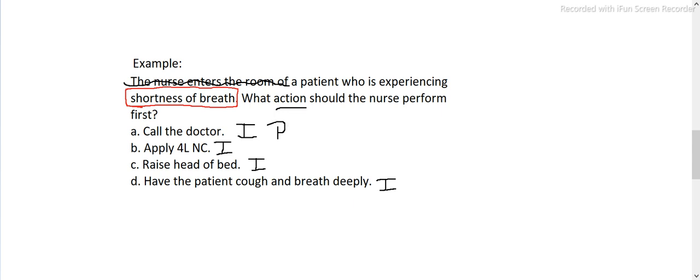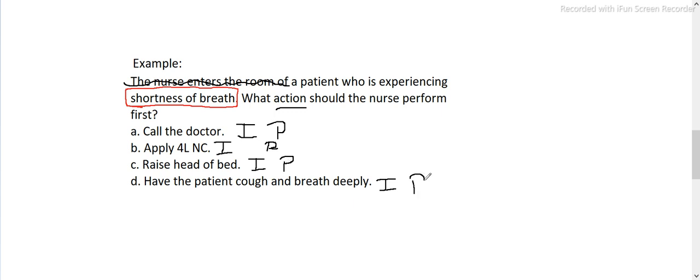So we'll put P for physical. Apply 4 liters nasal cannula. Again, that's going to be physical. Raise head of the bed. That would be physical.